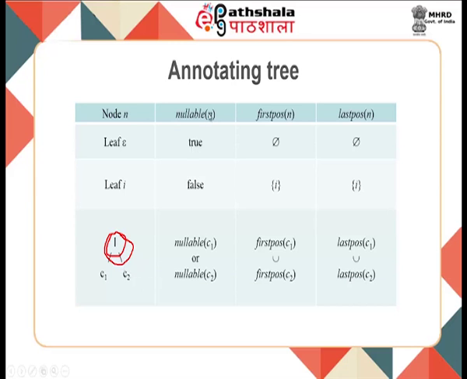So, nullable of the OR node is defined as: if C1 is nullable or if C2 is nullable, I would call the interior node also nullable. And first position of this node is defined as first position of C1 union first position of C2. Similarly, last position is defined as last position of C1 union last position of C2.